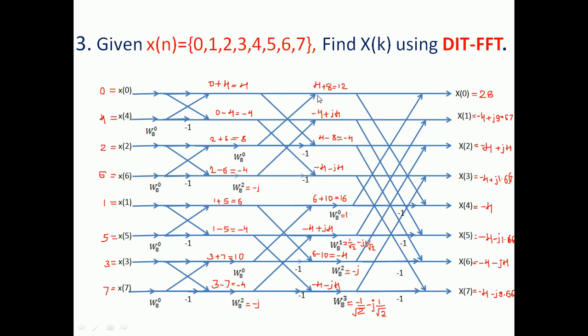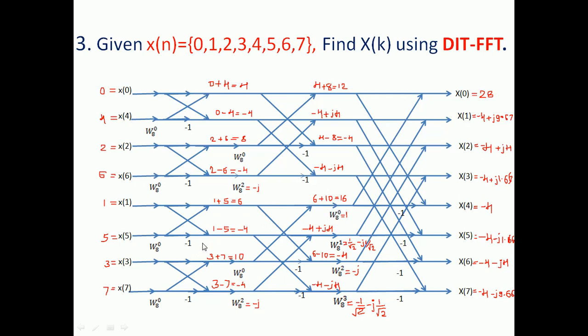At this point we have 4 plus this 8 into 1, that is 12. Next this minus 4 into plus j4 at this point. Similarly 4 minus 8, you will get minus 4. So this minus 4 and this plus j4 into minus 1, that is minus j4. At this point 6 plus this 10, so you will get 16.